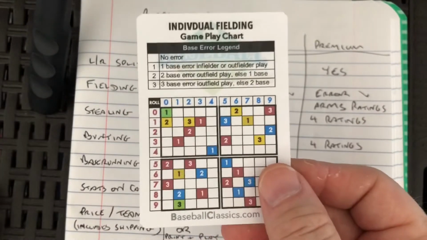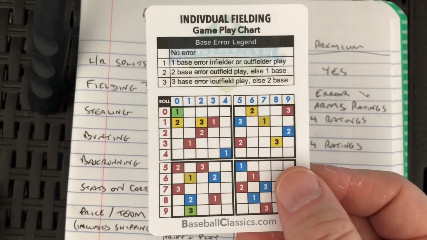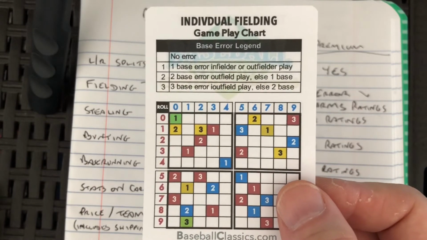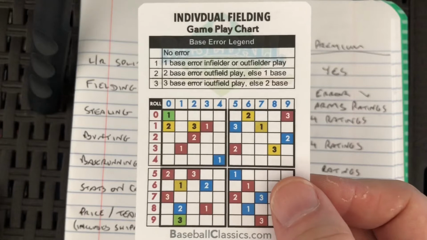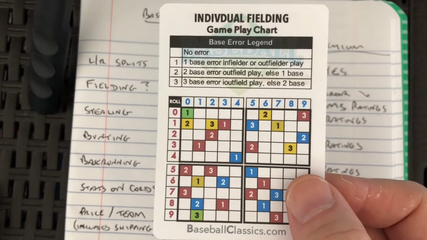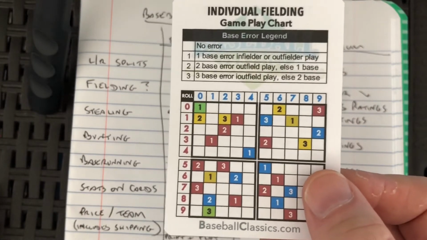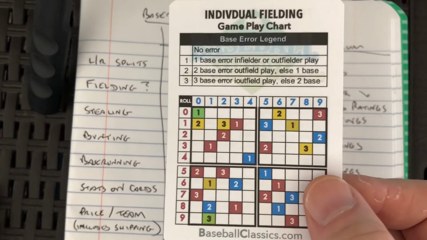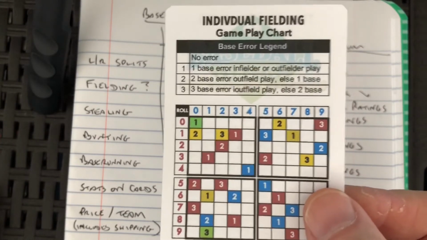However, if you're playing the deluxe or the premium version, you take each player's individual error rating and you re-roll after the play to see if an error happened either on an out or on a hit. You're making an error check to determine the play.